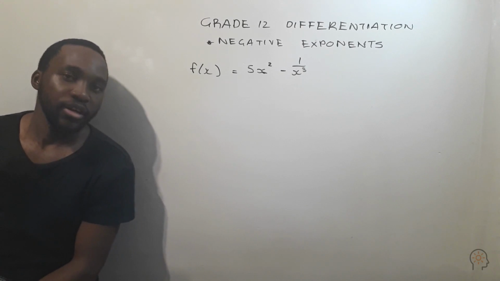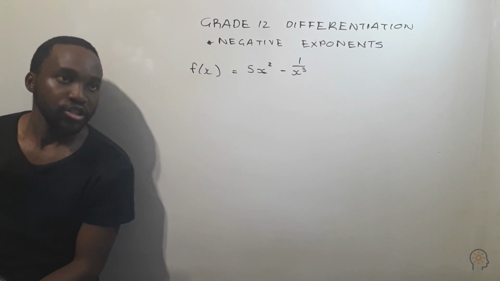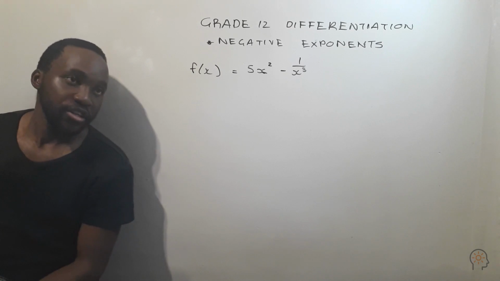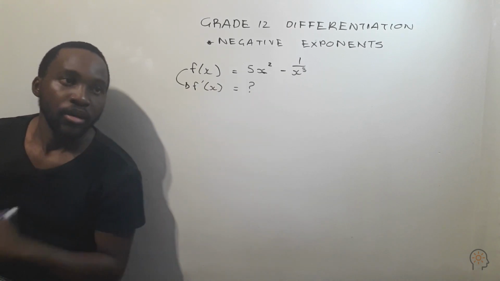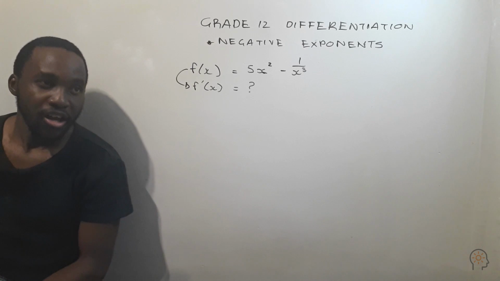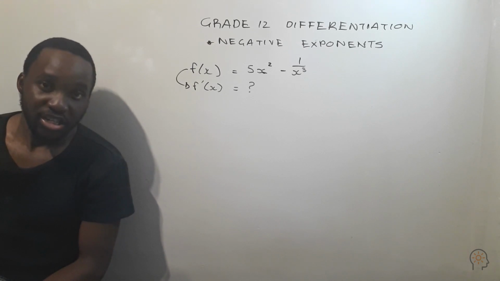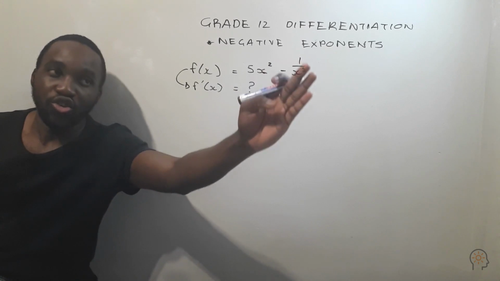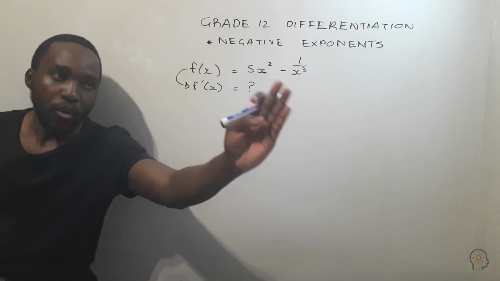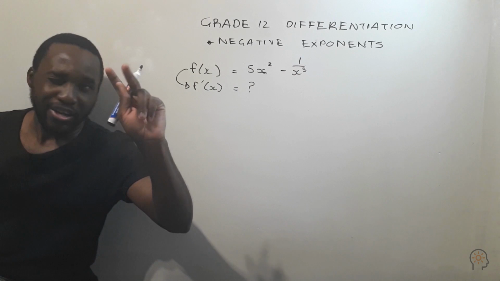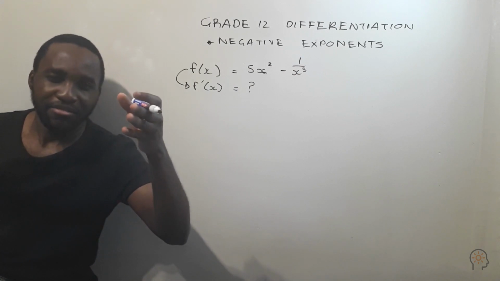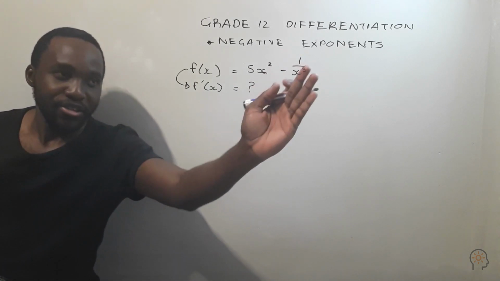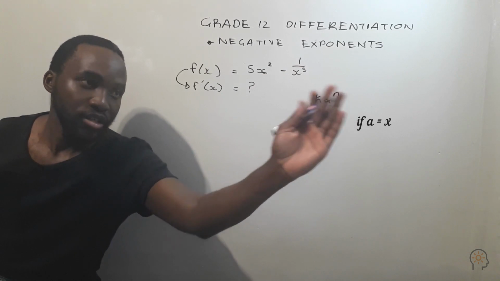So what we have here, right, is an expression, and with an expression like this, if they ask us to differentiate, we won't be able to differentiate immediately. Main reason is this is not in our normal differentiable format, right? This expression here is not in this format.